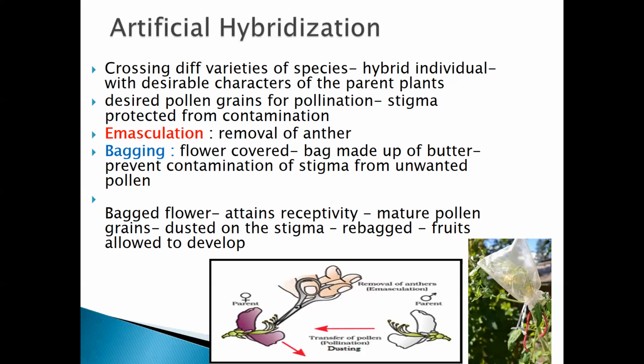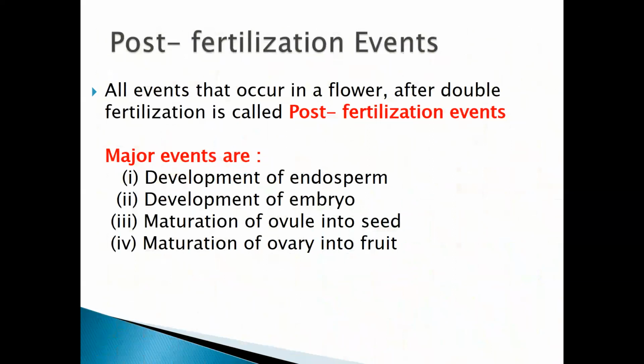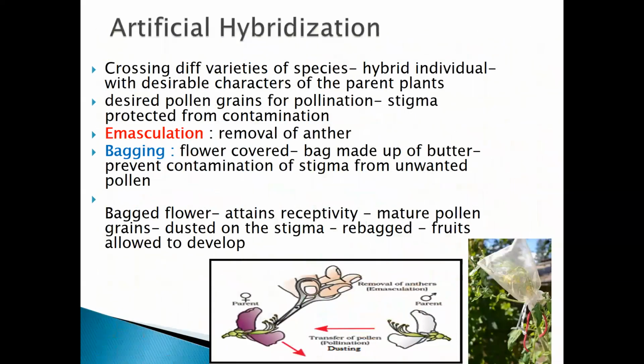Once again, bag the flowers and allow the fruits to develop. So this is the artificial hybridization process, and it is a very important process, students. You need to study this.